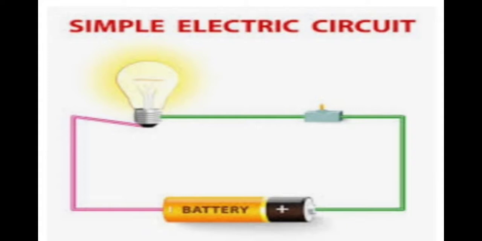So far we have discussed potential difference and electric current. The scientist named George Simon Ohm, a German scientist, gave the relation between potential difference and the current.